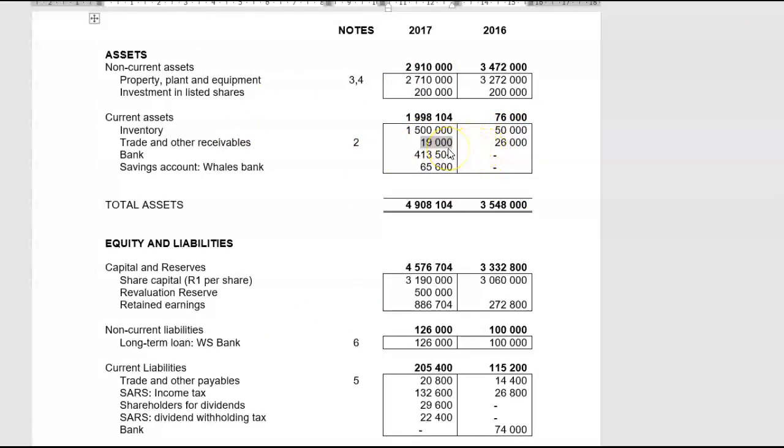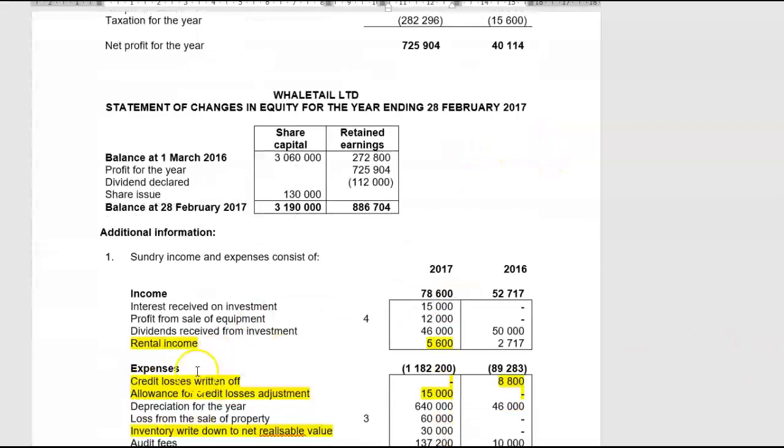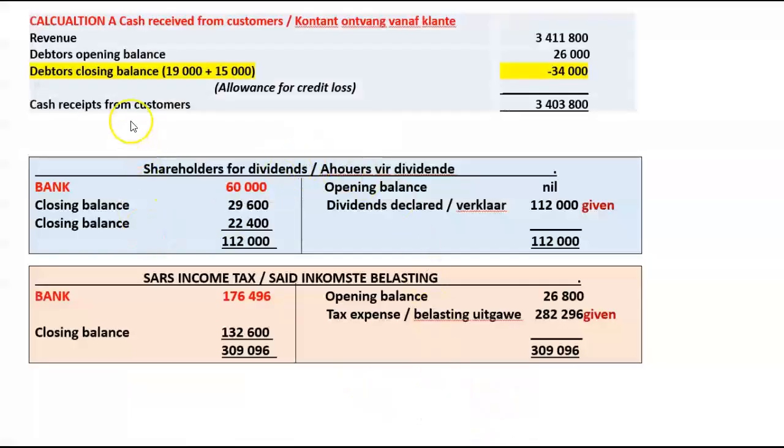In the opening figure, there was no allowance. So if we want to work out the movement in trade and other receivables, we have to add back that 15,000 Rand and then compare that to the 26,000 Rand. There were no credit losses written off in the current year. If there were any credit losses written off in the current year, you had to adjust your outstanding balance at the end of the year with that amount as well. So watch out for credit losses and allowance for credit losses, and make sure that when you work out the movement in your debtors balance, you take that allowance account into account.